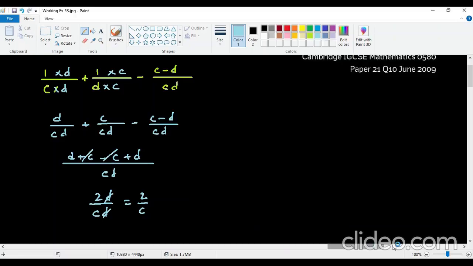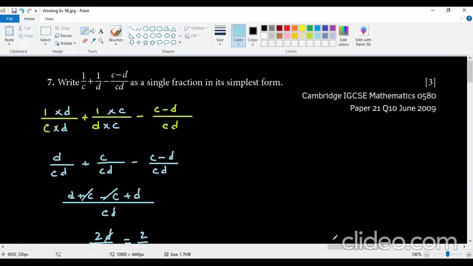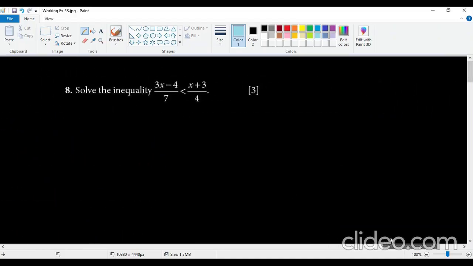The next question is on inequality. As soon as you see inequality, always remember to keep x values on the left hand side. And this is what I'm going to do here. 4 times x minus 4 is less than 7 multiplied by x plus 3, which is giving us 12x minus 16 less than 7x plus 21.